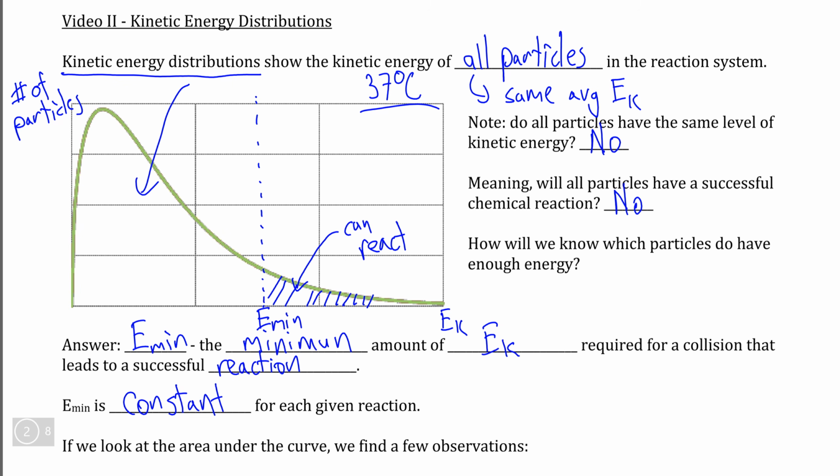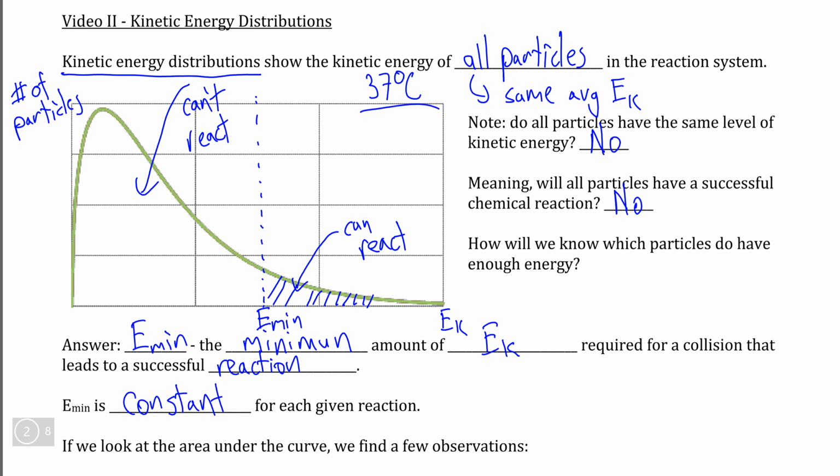The unshaded area of the curve here, these particles do not have the minimum amount of kinetic energy in order to undergo a reaction, so these particles here cannot react.